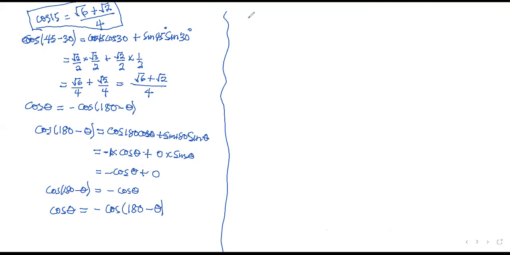So we have c squared giving us a squared plus b squared plus 2 times a times b times the cosine of theta. Now we've identified that cos theta is also equal to negative cos of its corresponding obtuse angle, 180 minus theta.